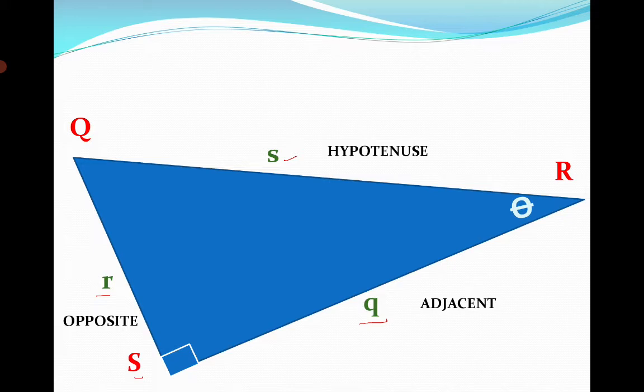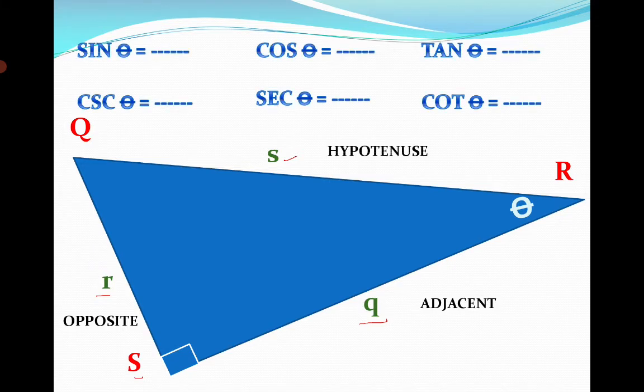So, let us now get the trigonometric identities of this right triangle. So, let us start with sine. Sine is opposite over hypotenuse. Our opposite is R. Our hypotenuse is S. So, sine theta is equals to R over S. For cosine, theta is adjacent over hypotenuse.